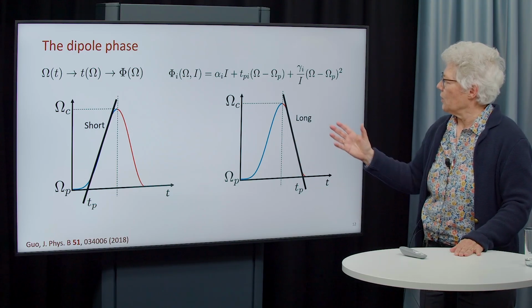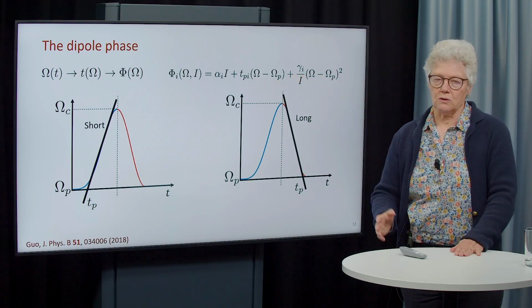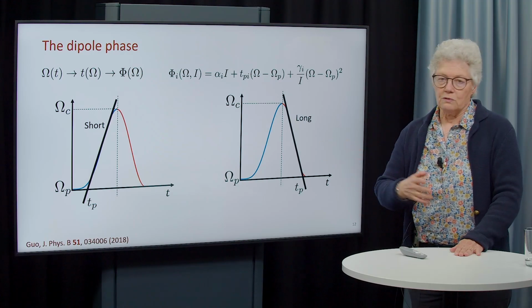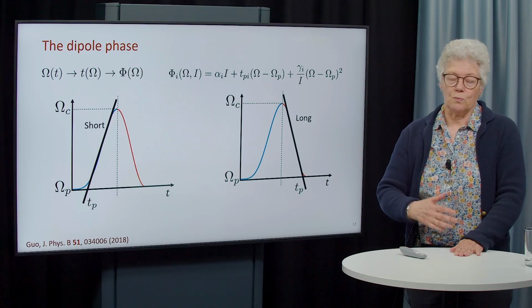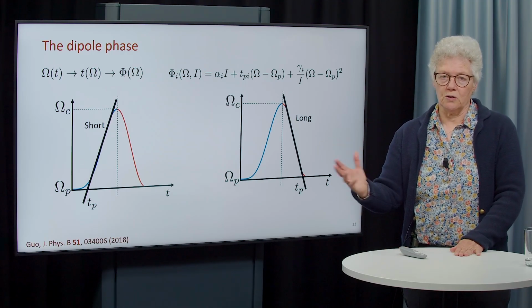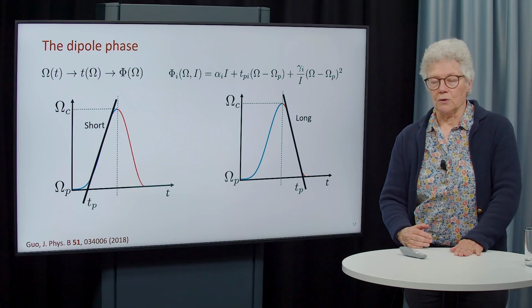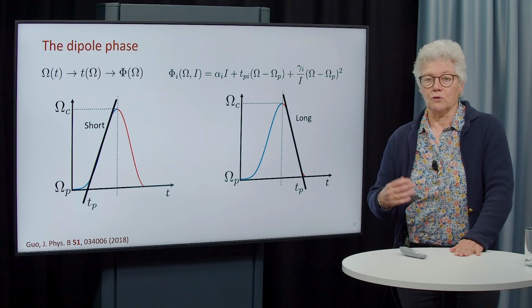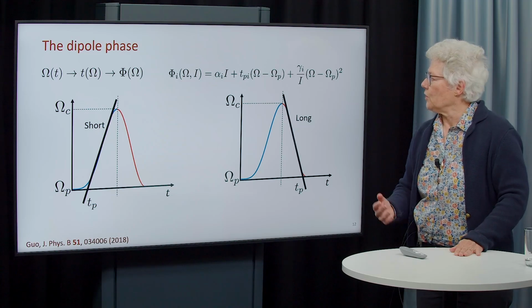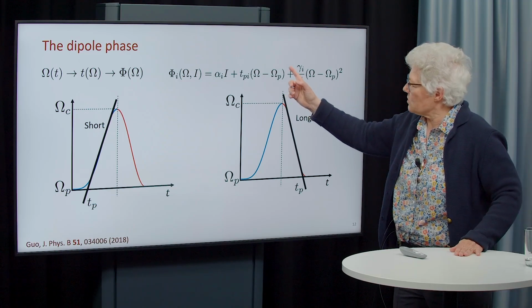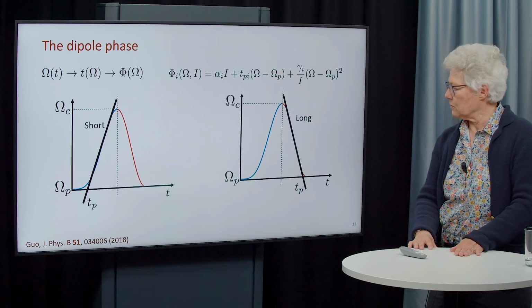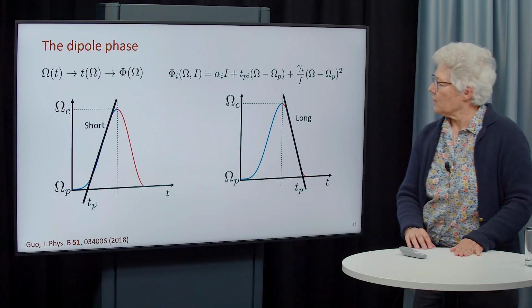This is very similar to the development of the spectral phase of an ultra-short pulse, which is usually expressed as a function of the carrier frequency. Here, it's not the carrier frequency, it's the threshold frequency, omega p.